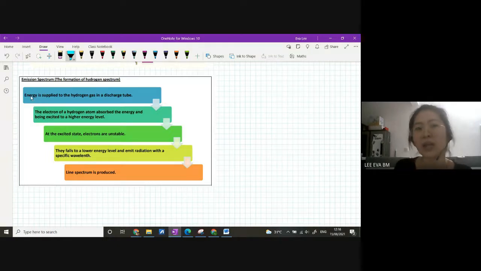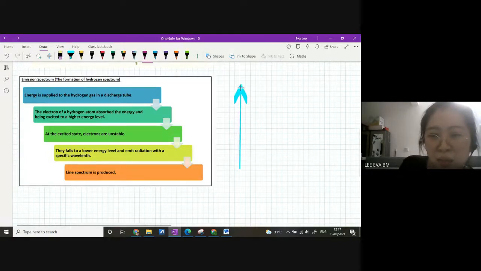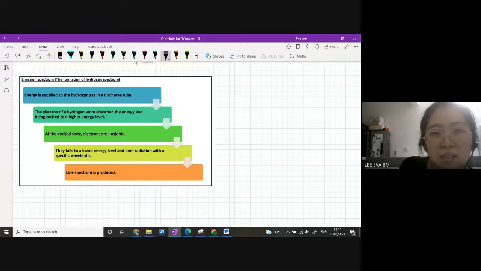Okay, so energy is first supplied inside your discharge tube. So this is where it happened. Energy is supplied. An electron absorbs the energy and is excited to a higher energy level. So madam rasa madam kena describe guna ni jugalah. Ordernya.